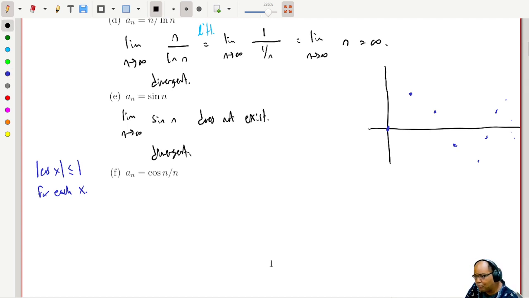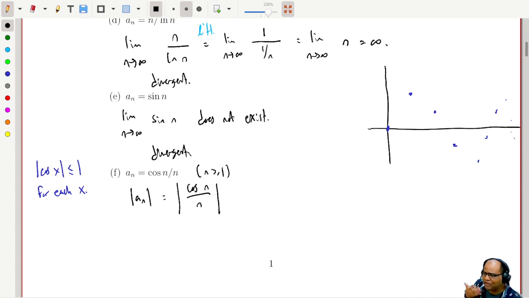Well, okay, how does that help us? We're going to look at the absolute value of this sequence a_n, which is cosine of n over n, in absolute value. Now I'm going to use a property of absolute value here. It's multiplicative. And we're also going to note here that n is bigger than or equal to 1, so the absolute value of a positive number is just the number itself.